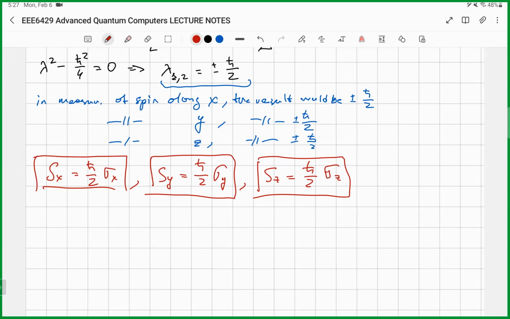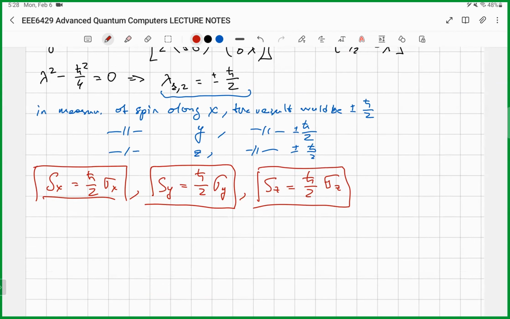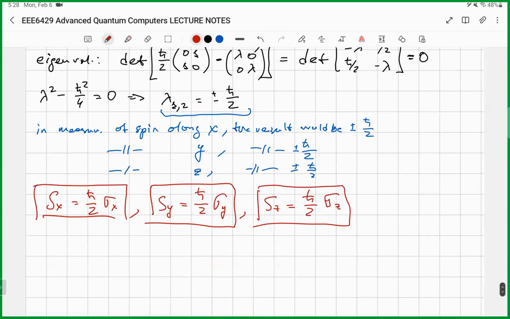Yes, just a follow-up question, Dr. Alex. My point is that the question says spin 1/2 along the x direction, right? What if it says spin 1 in the x direction? Does the formula change according to that? Can you explain your question?